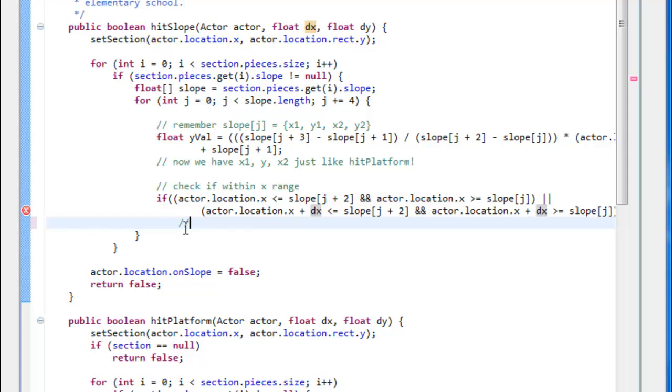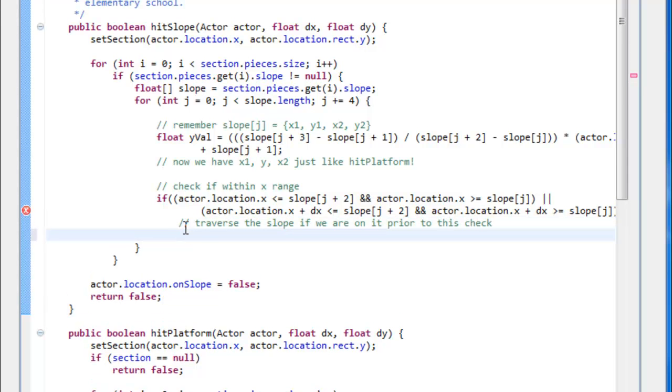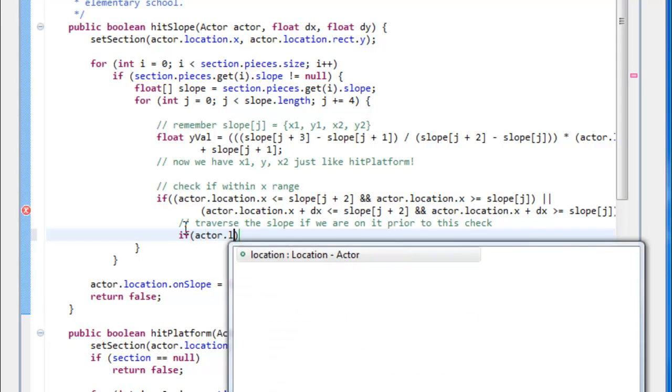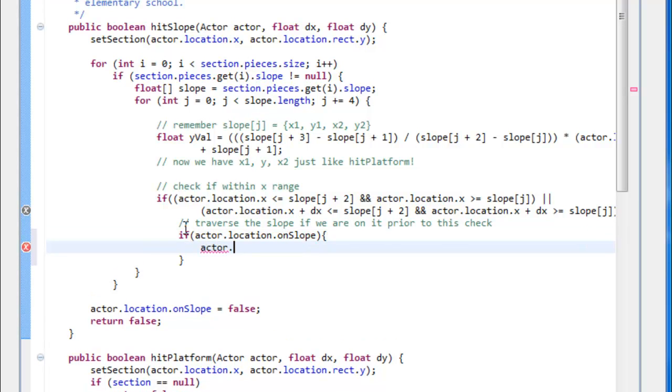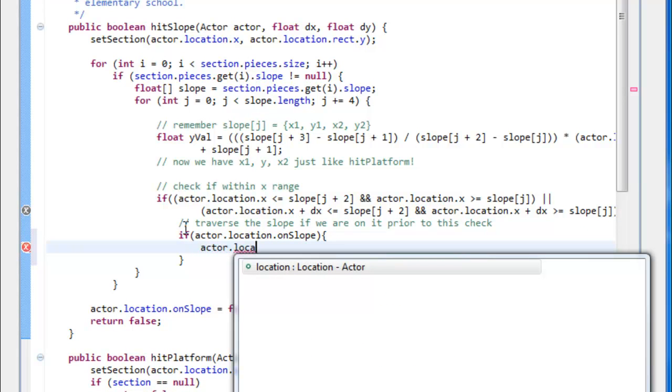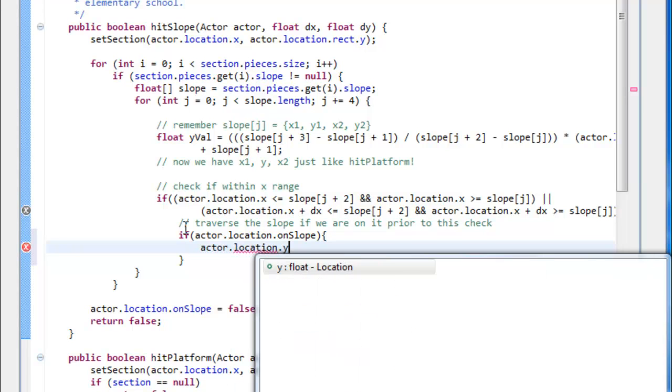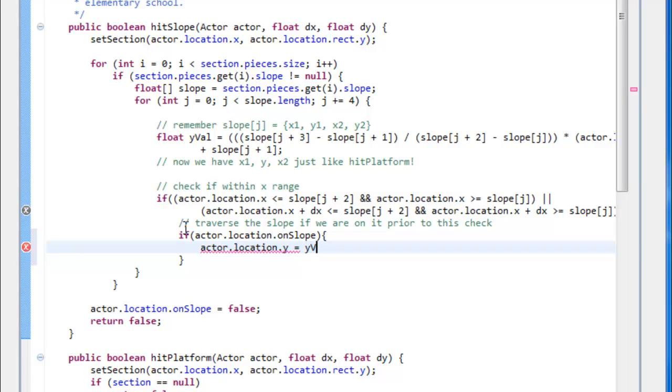Now we're going to traverse the slope if we are on it prior to this check. So if actor.location.onSlope, we're just going to offset our actor's y location with the y val.